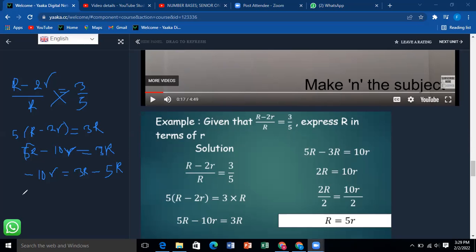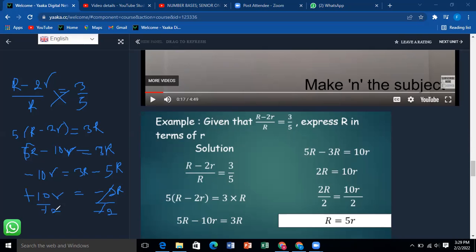So what we do, we shall have negative 10R is equal to negative 2 capital R. Since our aim is to make capital R the subject, we are going to divide by negative 2 on both sides. So this will cancel out with that, a positive here and a positive there.